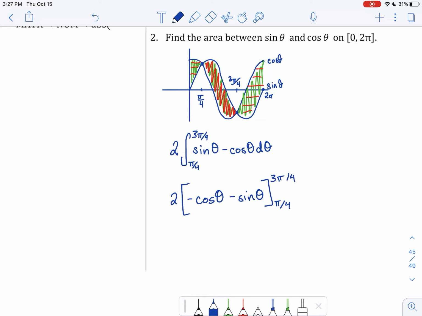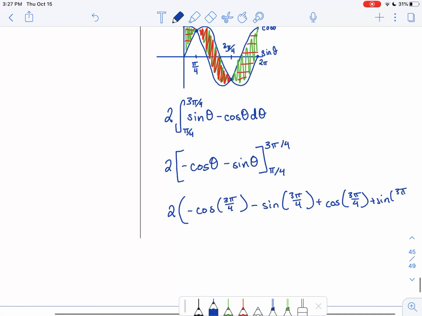And then when you plug in your values, you end up with 2 times negative cosine of 3 pi over 4 minus sine of 3 pi over 4 plus cosine of pi over 4 minus a negative, so plus sine of pi over 4. Whoops, I was adding the 3's again. Just regular pi over 4.